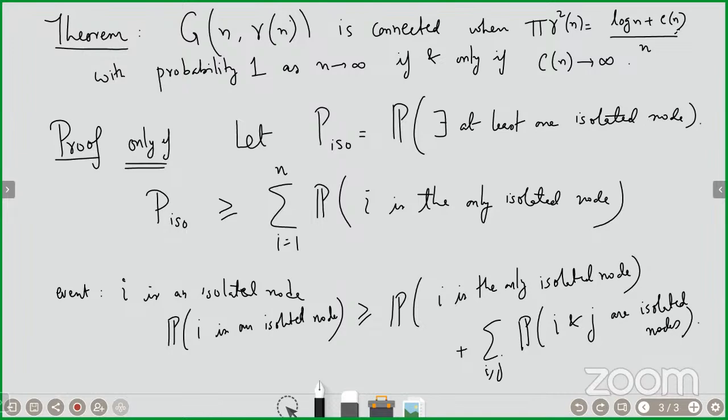How much is this probability? We can actually write it down exactly. That I is isolated. There's no sum here; the summation is from the outside, that we will worry about later. This one is a simple event: node I is isolated. That means within a radius of Rn from it, there is no other node. So all n-1 nodes lie outside. What about this one?